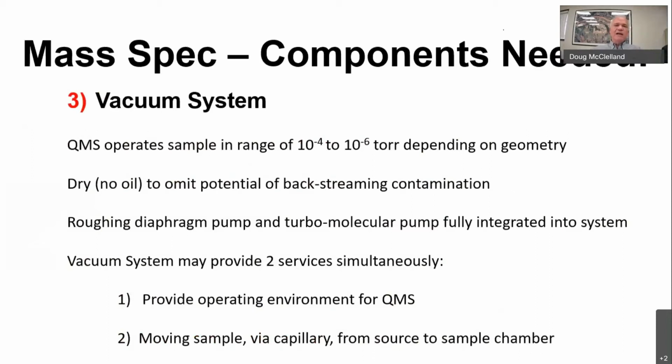And we're actually making dual use of our vacuum system. So not only is the vacuum station serving to provide the vacuum for the mass spec itself, but we're also using it for a second purpose of moving the sample from the source through the capillaries into our sample inlet and into the sample chamber. So we have two uses for the one system.